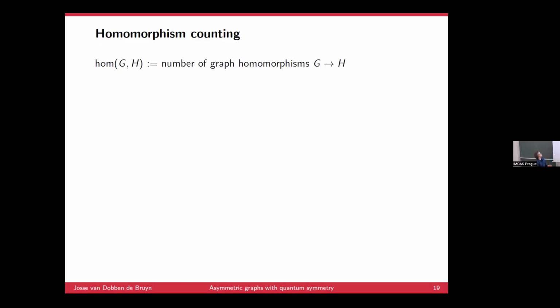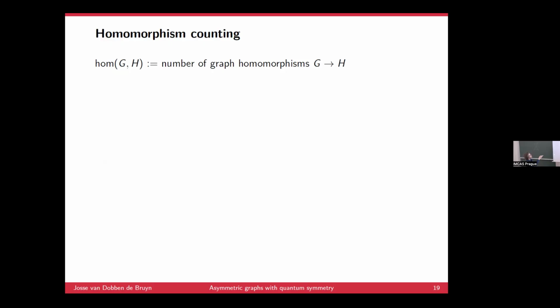A very simple example of a graph homomorphism is a coloring. Proper graph colorings are the same as homomorphisms to a complete graph on C vertices, where C is the number of colors. This is saying adjacent vertices must be mapped to different colors, and otherwise there are no constraints, because everything will end up at an edge, since it's a complete graph.